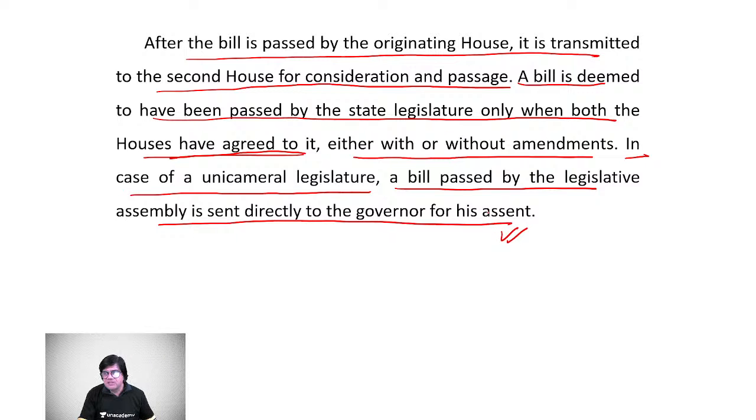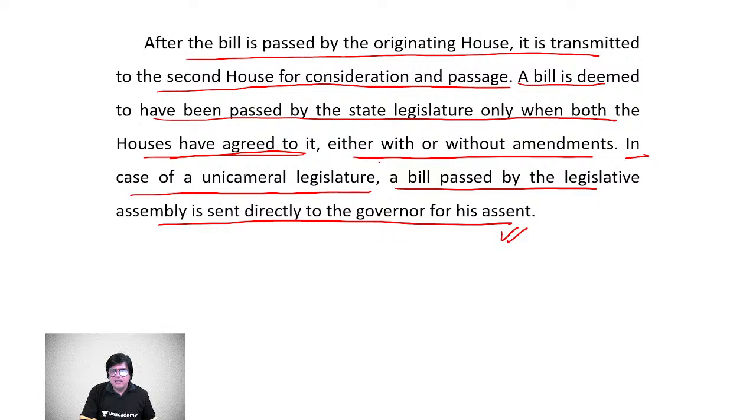So that is normally the scenario, that a bill is passed by one house, it goes to another house, which also passes the bill, then the bill goes to the governor. In case of a unicameral legislature, one house passes the bill, it goes to the governor directly because there is no other house, and then the governor gives his assent and it becomes a law, state law.